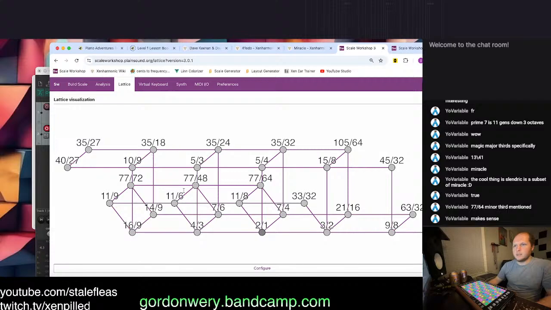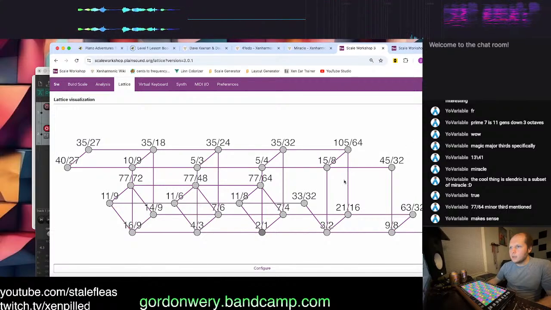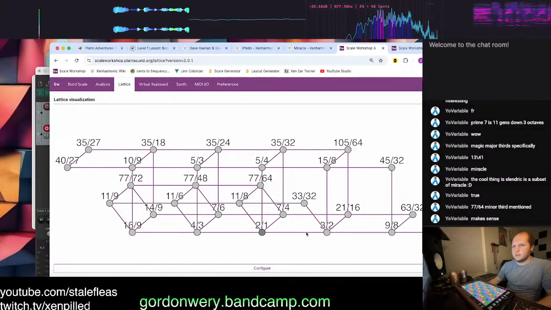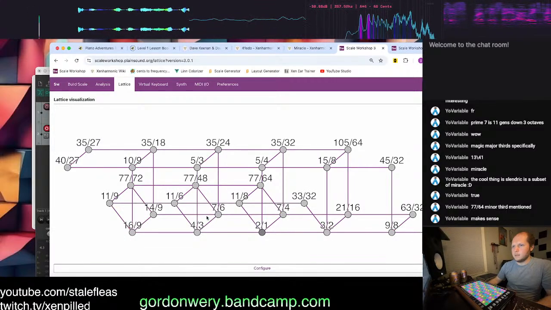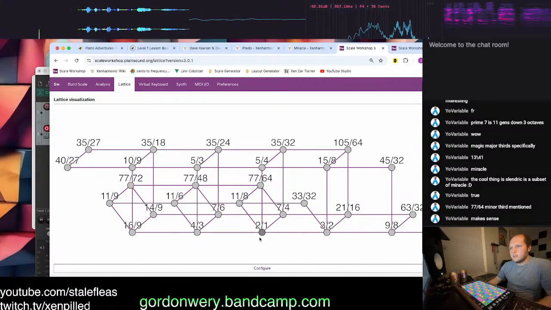So these are all the intervals that you use to build the scale. Do you know how the lattice works? I know what the fractions represent, but I don't know why these are here. The way lattices work is they are a way to visualize the connections in a JI scale.